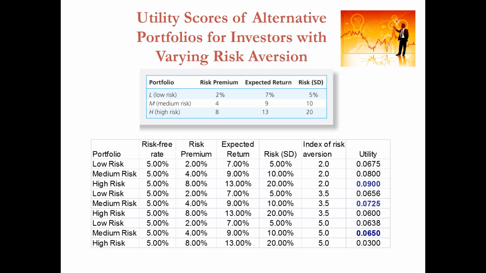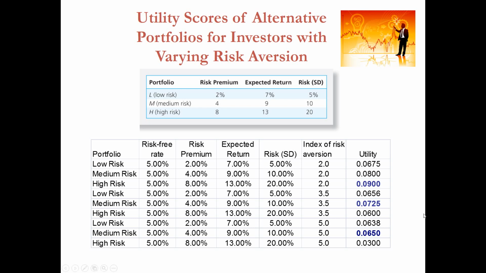If we do that calculation, 13% minus half times 2 times 20% squared, which is the variance, we get a utility of 9%. We can also calculate the utility generated by both the low and medium risk asset.